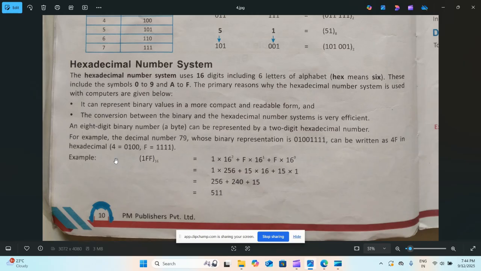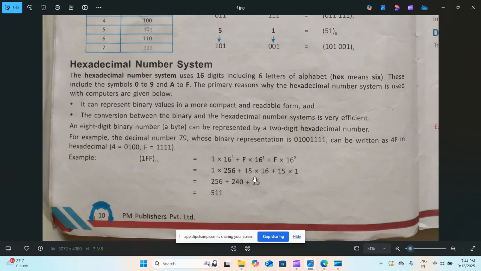4F directly. Okay, so suppose I have 1FF base 16. How will you convert this hexadecimal to decimal? Same way as I told you: whatever the base is, go on writing that base number and add the power from right to left, like 16 raised to 0, 16 raised to 1, 16 raised to 2. Now, can you multiply F with 16?